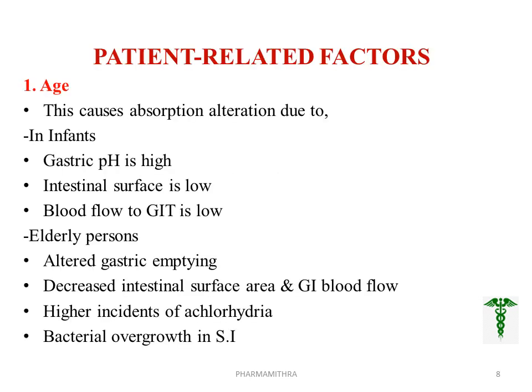Next, I think we can move into the patient related factors one by one. The first factor is age. In infants, the gastric pH is high, and the intestinal surface area and blood flow to the GIT are low, which results in an altered absorption pattern.